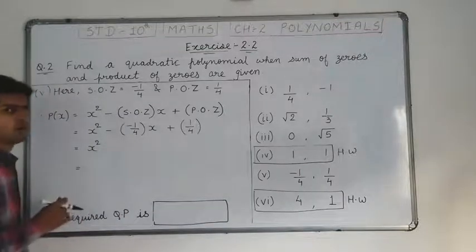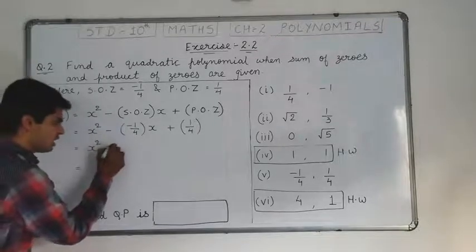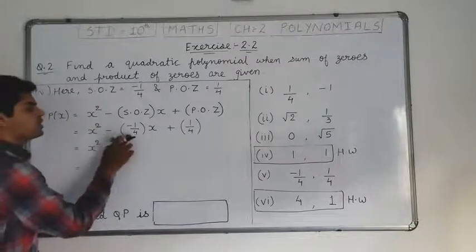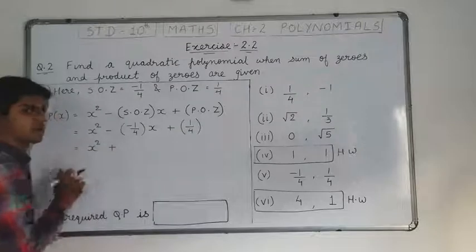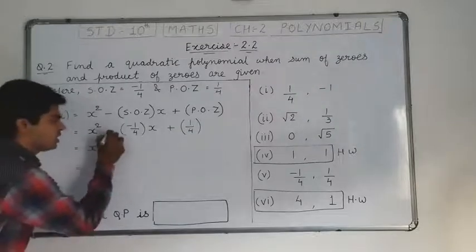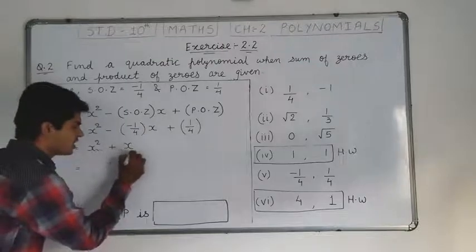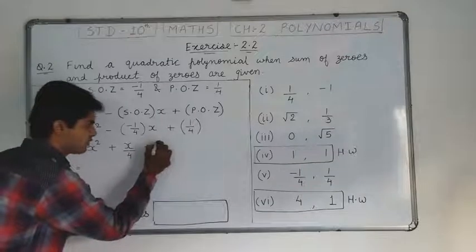If we open the bracket, then here minus minus plus. Again I am repeating, minus minus plus, so it will be plus 1 multiplied by x, so it will be x divided by 4, plus 1/4.